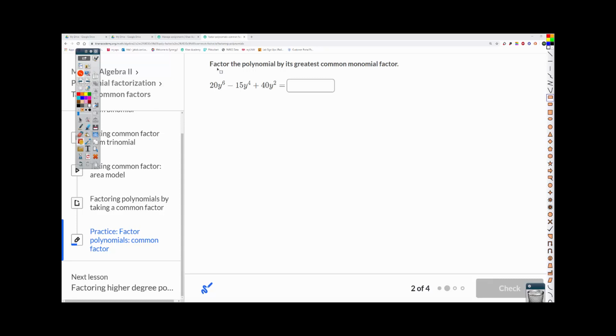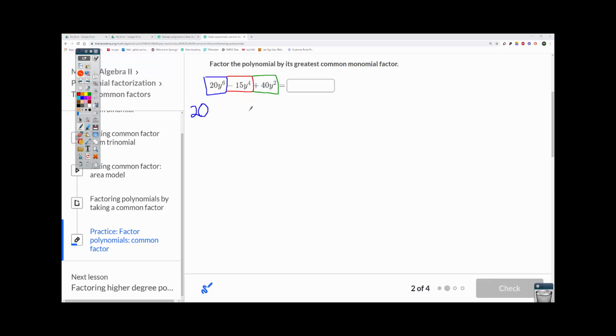Okay, so factor the polynomial by its greatest common monomial factor. Okay, so we are going to start by putting a box around everything. Nothing has changed. And we're going to start with the coefficients first.